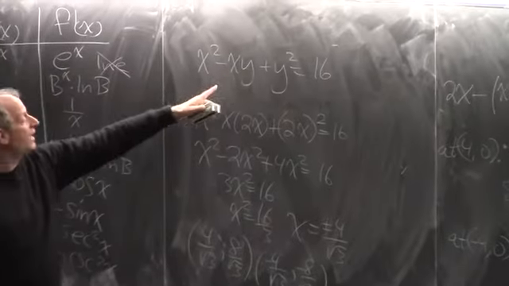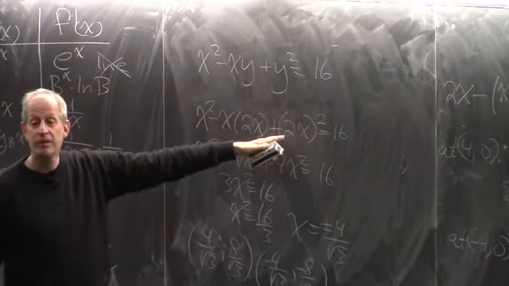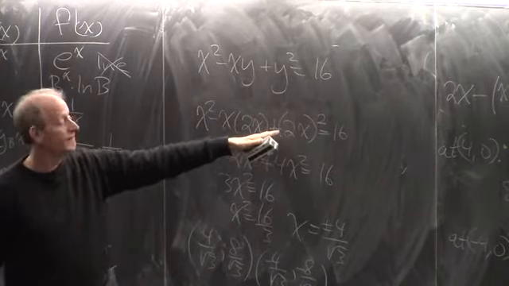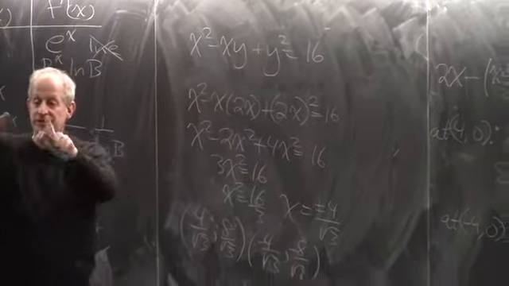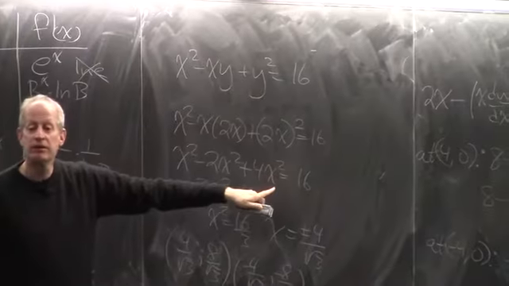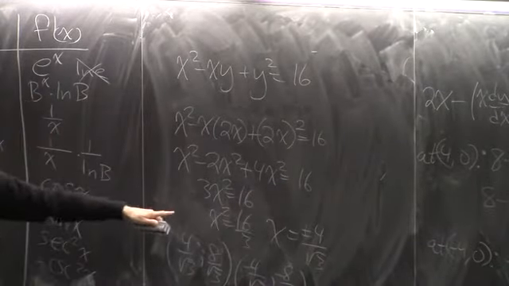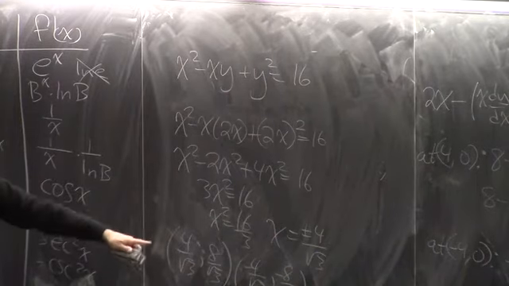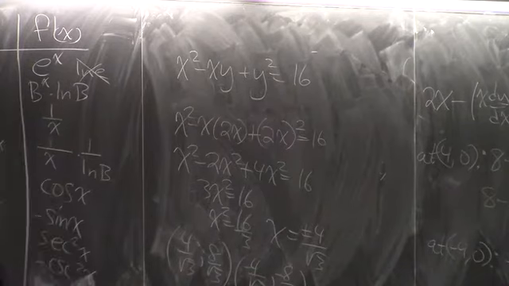So where y is 2x, you replace y with 2x. That gives you 2x times x, or 2x², and (2x)² is 4x². Then you can solve this, you get x is plus or minus 4 over the square root of 3, and since it's where y equals 2x, y is just double whatever x is.